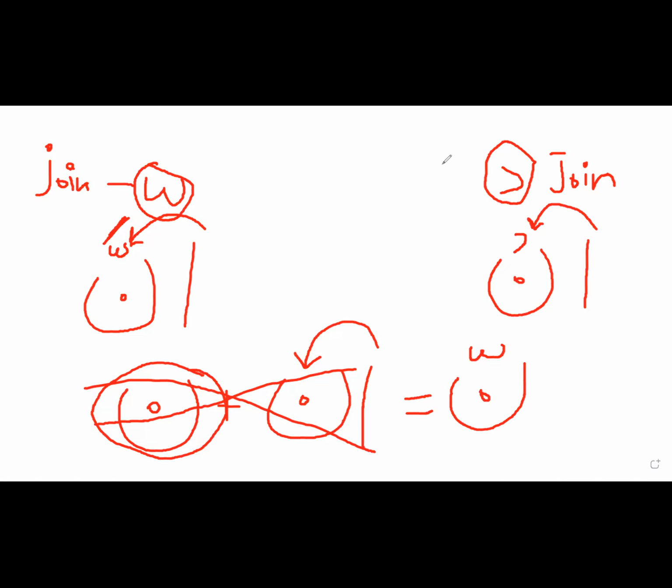Okay, let me erase this. Let's suppose Noon, Alif, and the sign, and a Fatha here. What does it mean? It means you have to join Aleph with this Noon first.